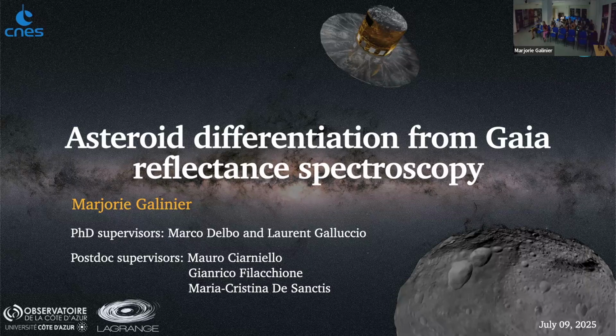In particular, she earned her PhD in September 2024 at the Observatory of the Côte d'Azur, investigating the possible evidence of differentiation on main belt asteroids, in particular by leveraging the vast data set of spectroscopic observations of Gaia. So this will be the subject of the seminar today, so I'll leave the stage to Marjorie.